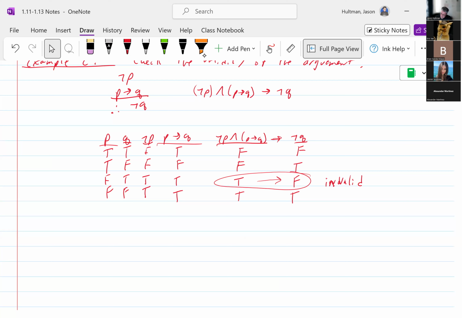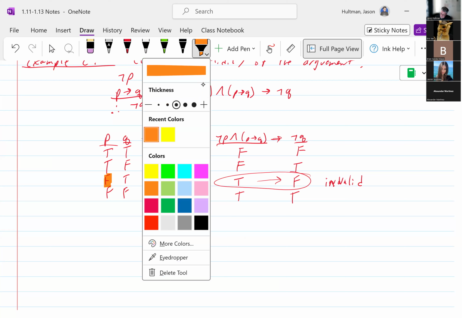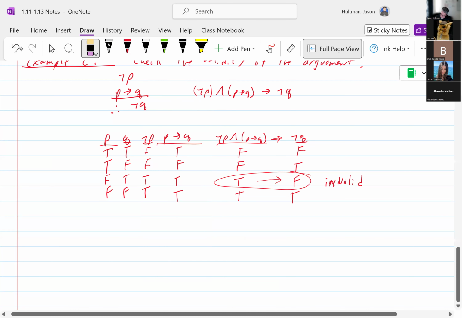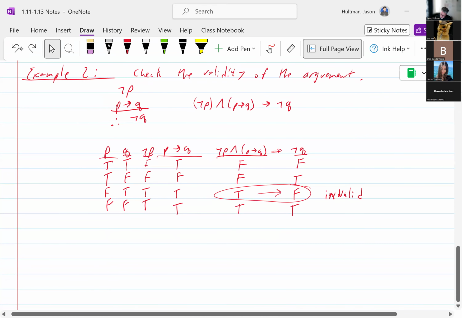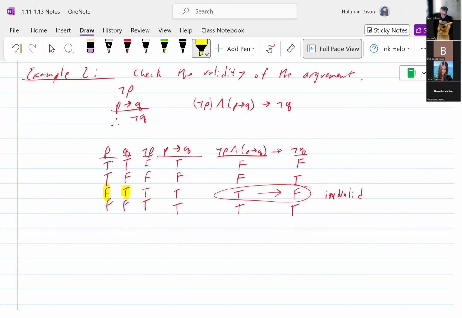Okay, when is the statement invalid? The statement is invalid when P is false and Q is true. Okay, the hypotheses are both true.